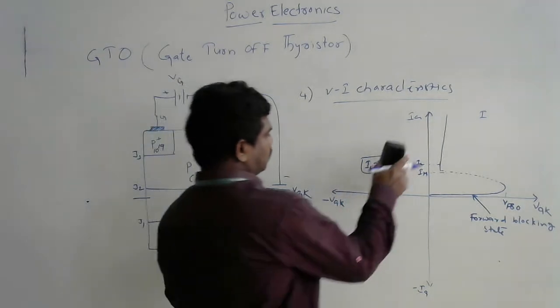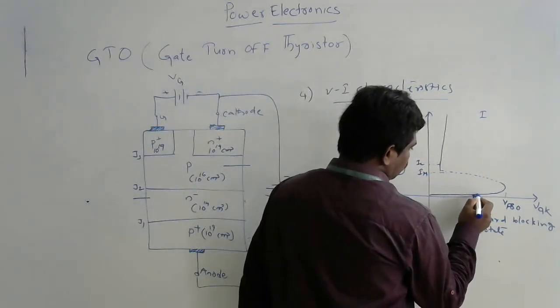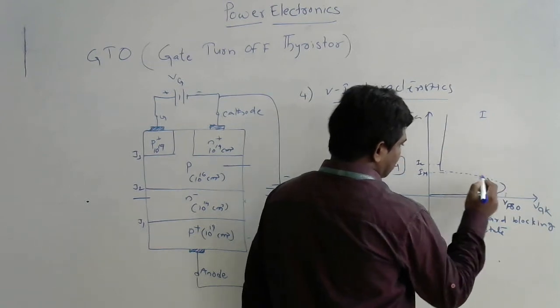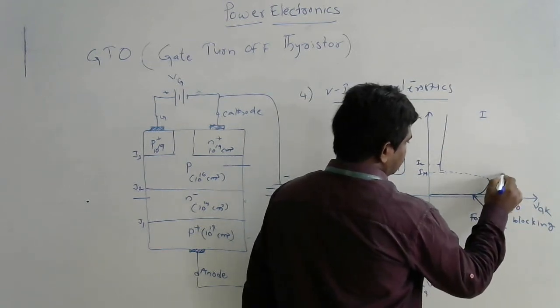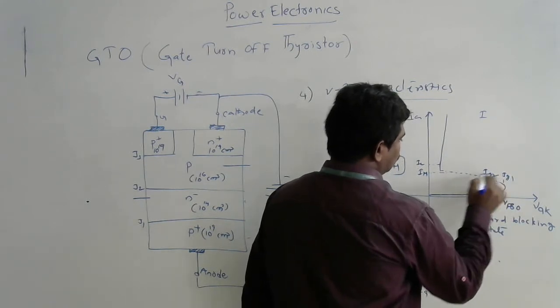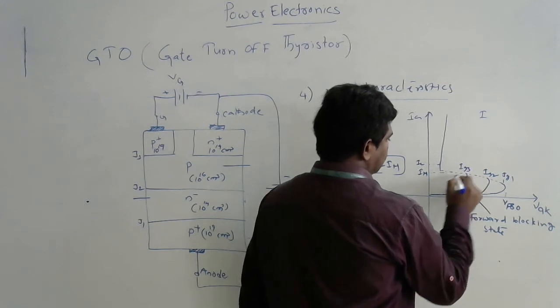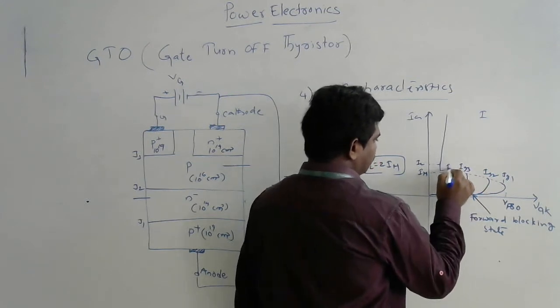So these are the things, and when we apply a gate signal, what happens? The forward breakover voltage comes earlier. This is the position for Ig1, this is for Ig2, this is for Ig3, and this is for Ig4.